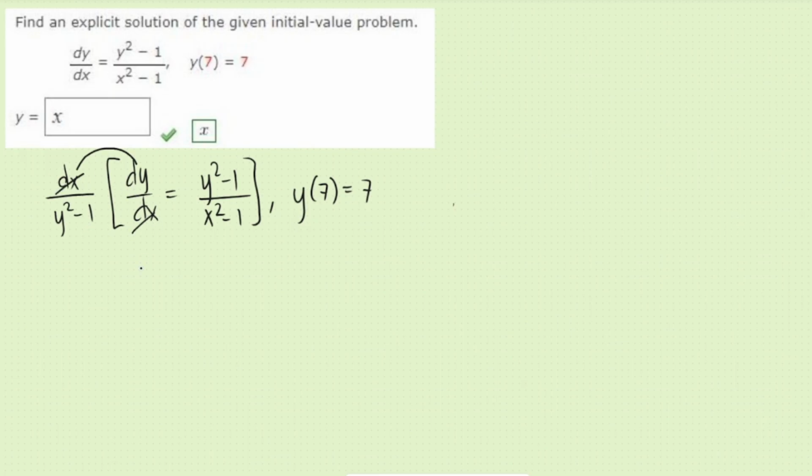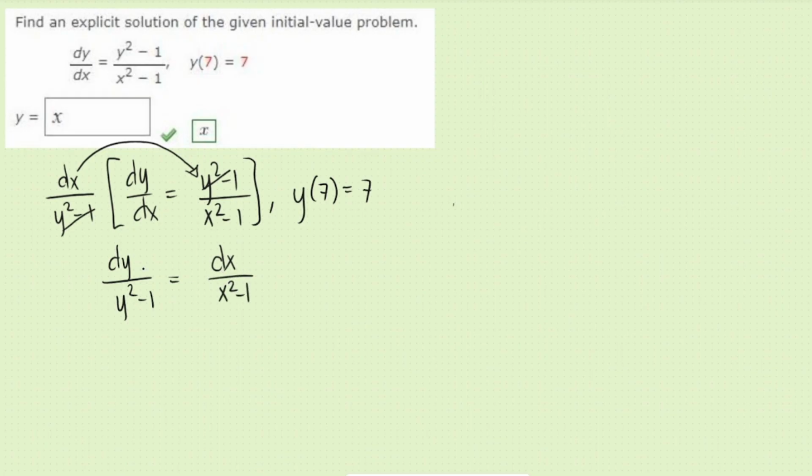We just cancel dx, so we'd be left with dy over y squared minus 1 is equal to, we multiply dx over y squared minus 1 here, so we cancel y squared minus 1. So we'd be left with dx over x squared minus 1.